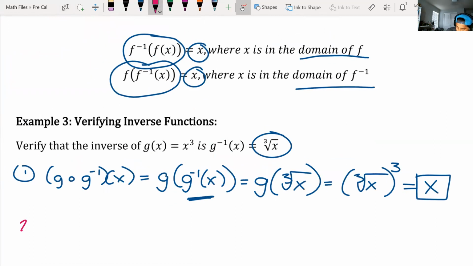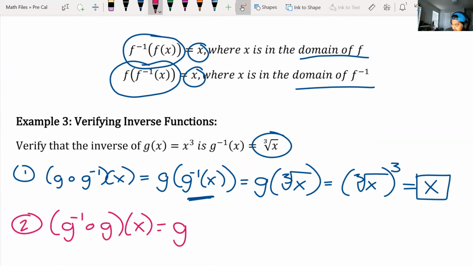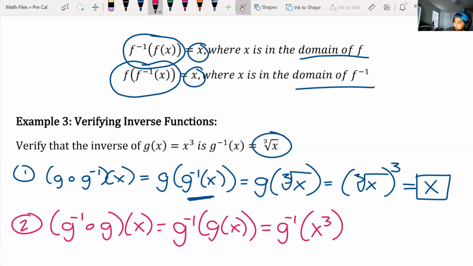2. I can say g inverse composed with g of x will give me inverse g of g of x. Now remember that g of x is x cubed. So we'll get g inverse of x cubed, and now plug it in for x into the inverse function g.